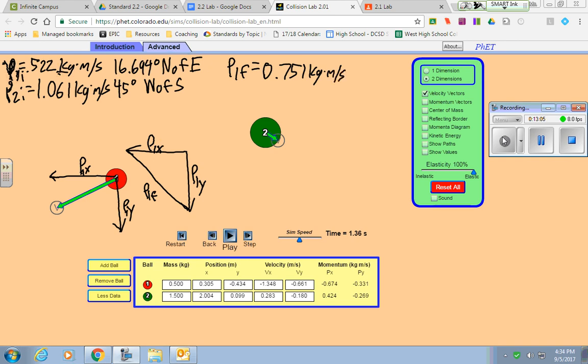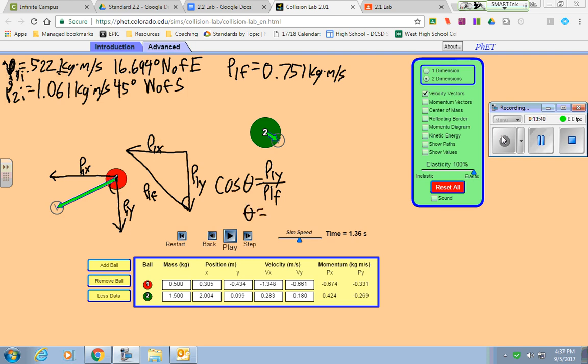And remember, to find its angle, we want the angle from the y direction. So we're going to do cosine theta equals P1Y over P1 final, and I can solve for theta.